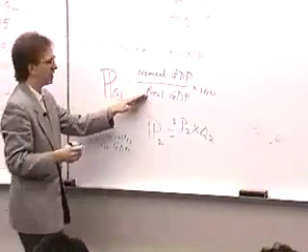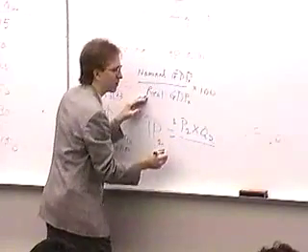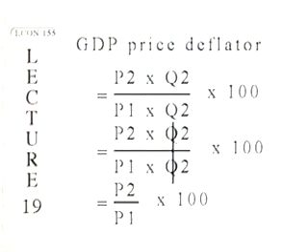Real GDP in year 2, and these are both for the same year. Real GDP for year 2 is this. It's P1 times Q2. Times 100.